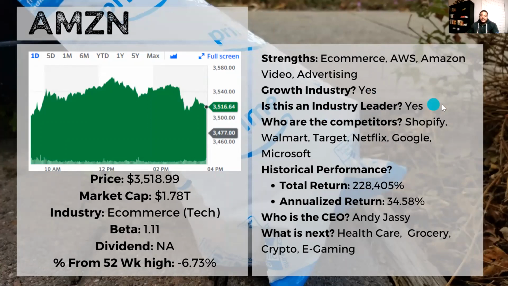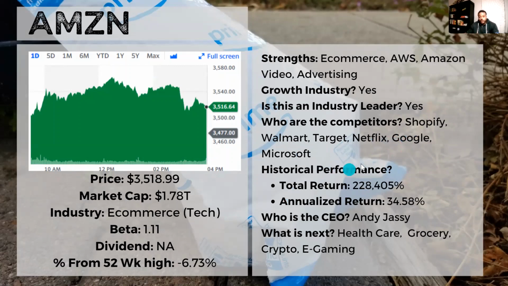By all accounts, yes. Is this an industry leader? We've already said this, yes, number one. And then who are the competitors? Amazon competes across the board with companies like Shopify that let people set up their own online e-commerce stores. Also, it competes with Walmart, Target, it competes with Netflix on video streaming, it competes with Google and Microsoft.